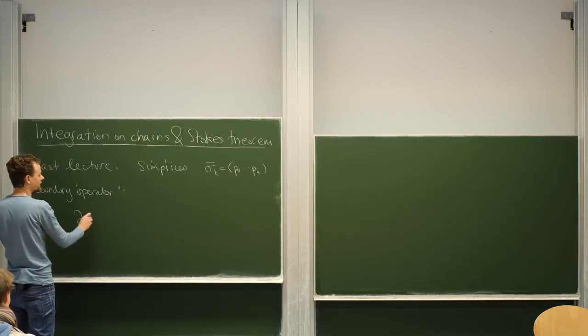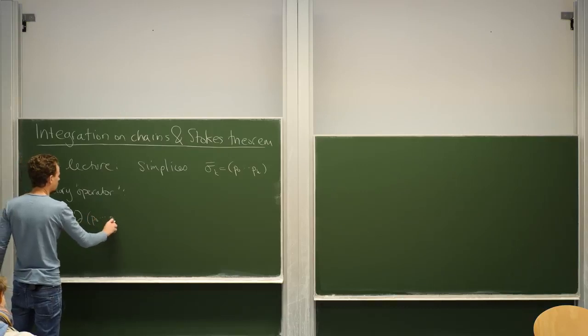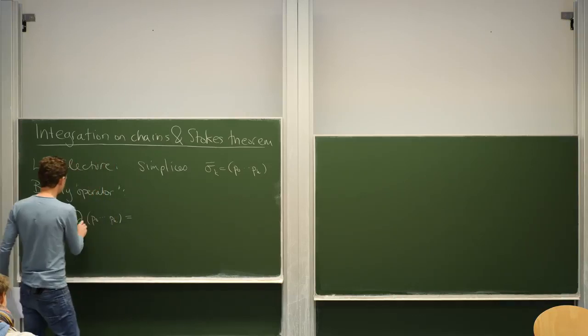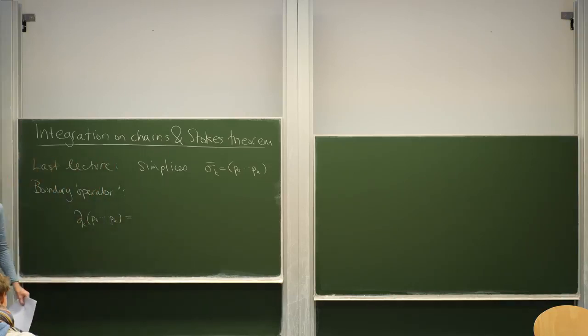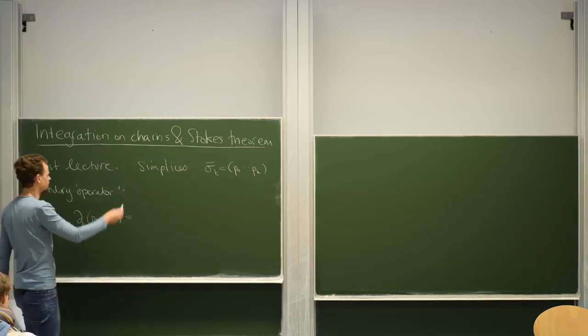And what the boundary operator does is it takes a K-simplex and replaces that with the alternating sum of all the k minus 1 simplices that you can build out of the faces of the original simplex.